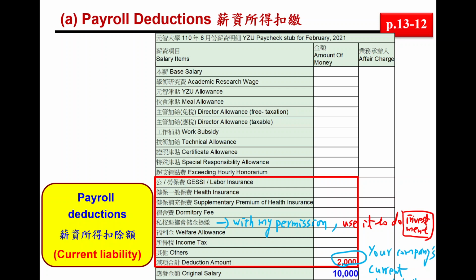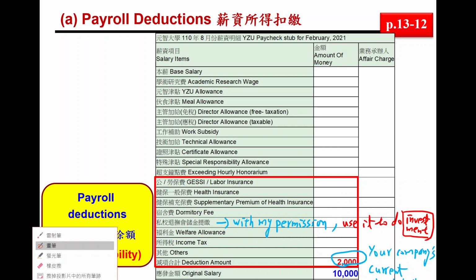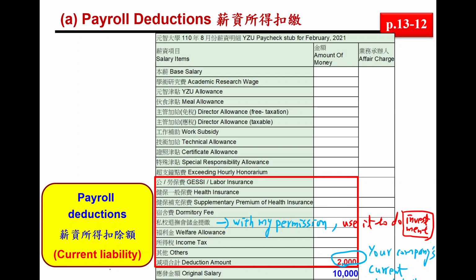Okay, and what's the purpose? For my retirement, I need the money. So the purpose is my retired life, 退休.